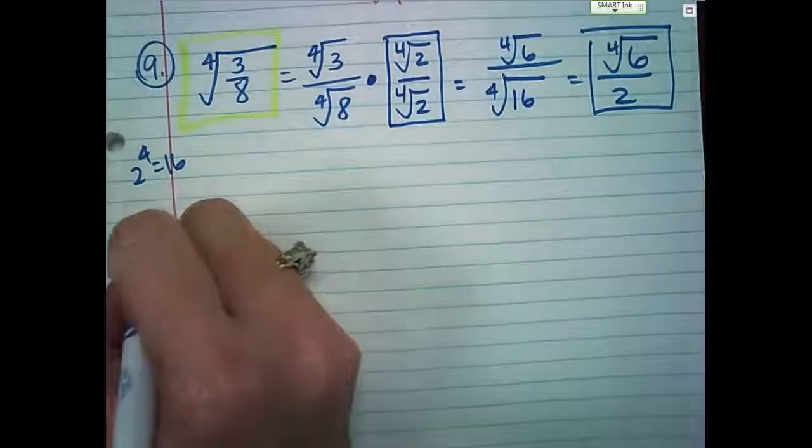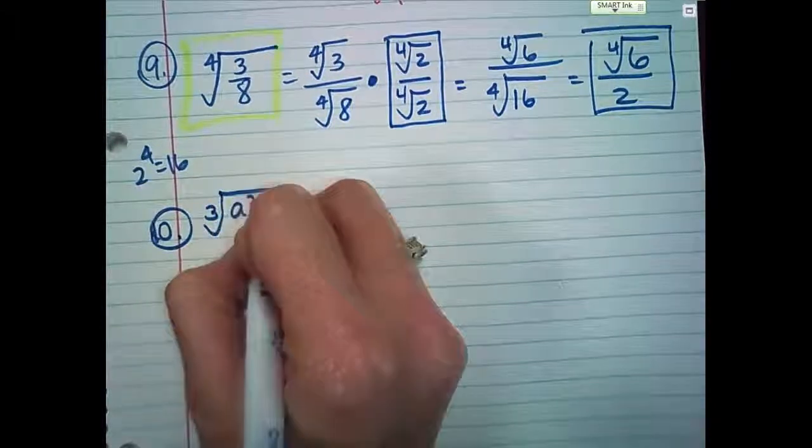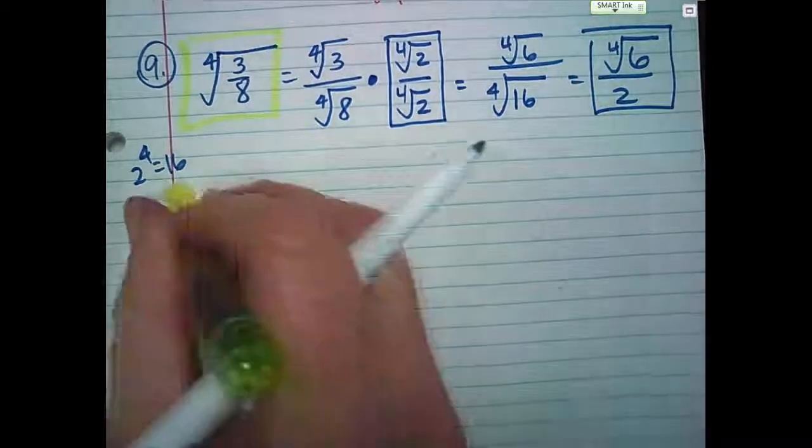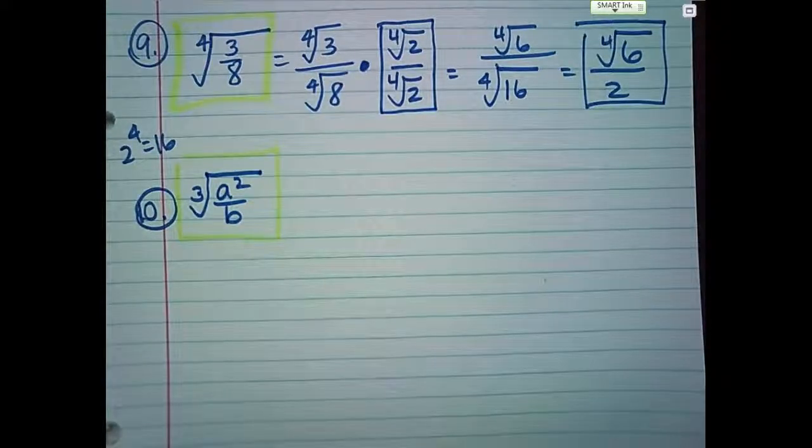Number 10. Same kind of thing, but with variables. The cube root of a squared over b. Rewrite it first and figure out what the denominator needs.